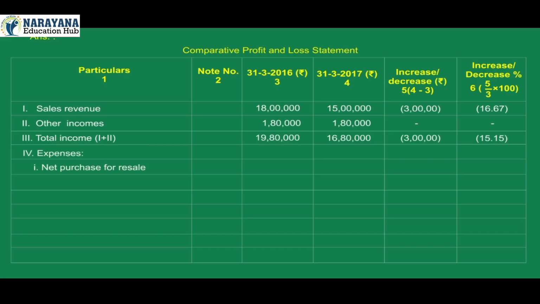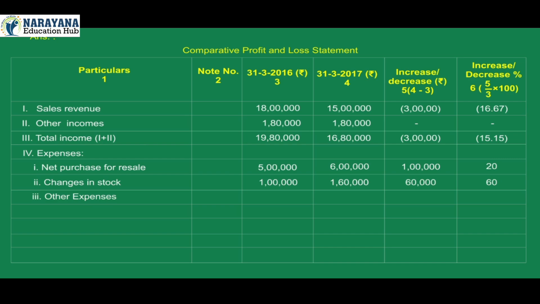Net purchase for resale 5 lakh, 6 lakh, 1 lakh, 20%. 2. Changes in stock 1 lakh, 1 lakh 60,000, 60,000, 60%. 3. Other expenses 7 lakh 20,000, 6 lakh 75,000, 45,000, 6.25%. Total expenses 13 lakh 20,000, 14 lakh 35,000, 1 lakh 15,000, 8.71%.